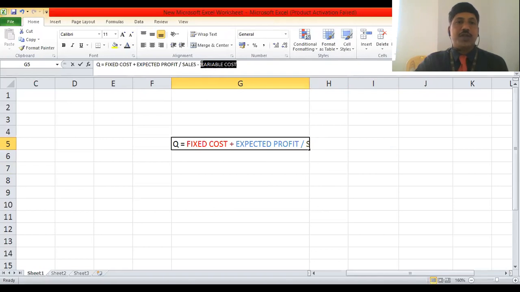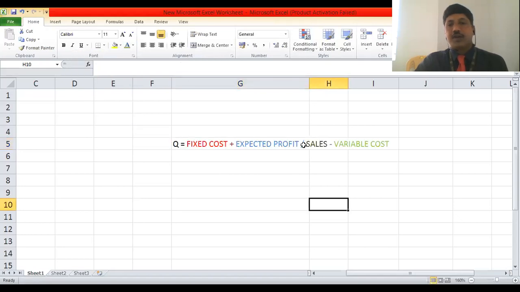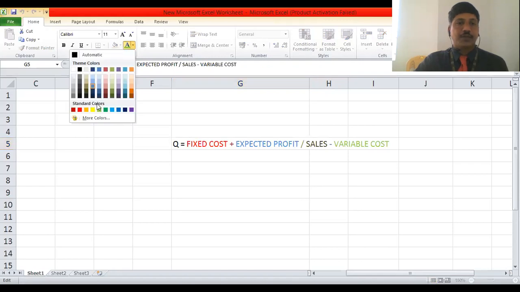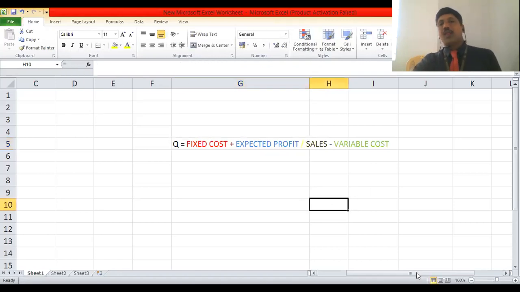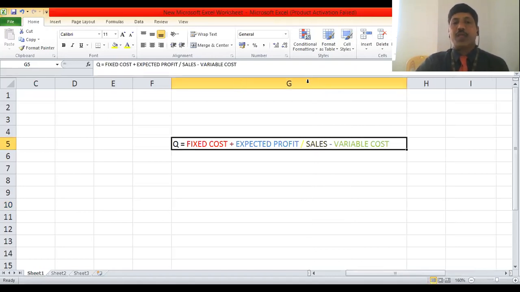So what are the things required? Fixed cost plus expected profit divided by sales minus variable cost, which is called contribution. So by using this formula, we can find out the quantity required to produce. Okay.